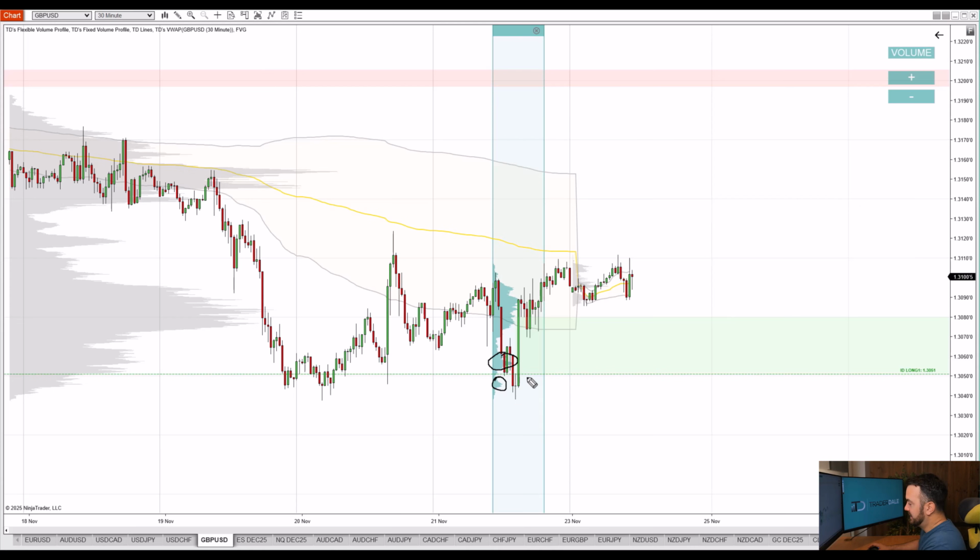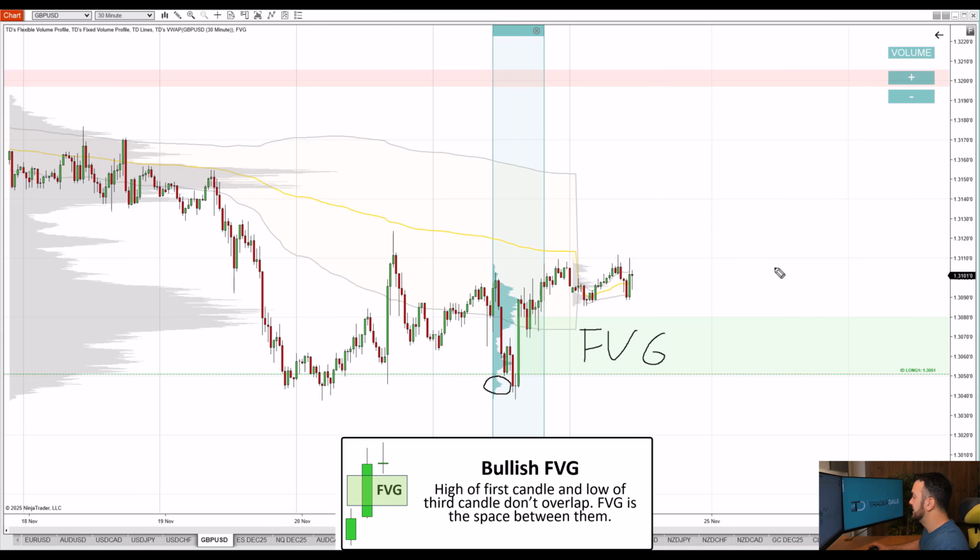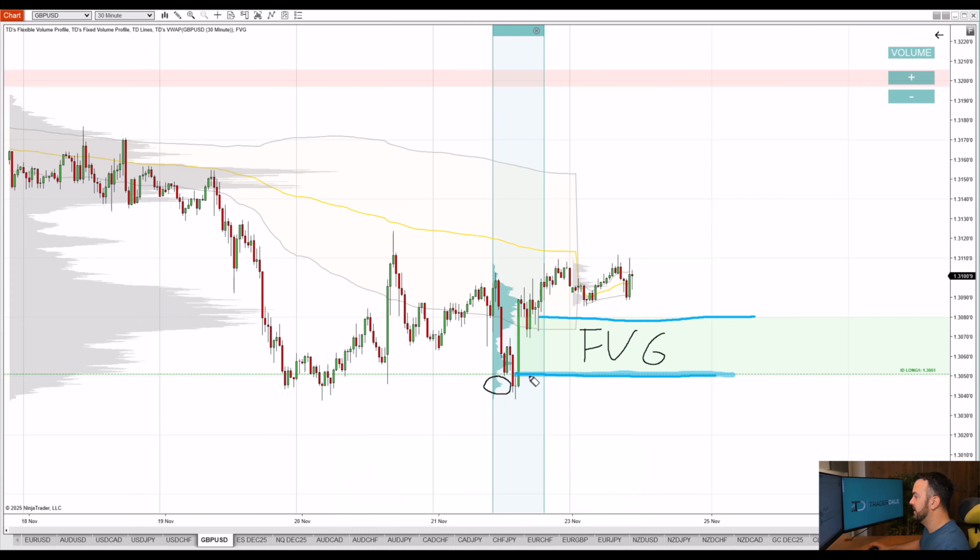Now I'm inclined to trade this volume cluster even though the volumes are not as heavy as in here. And the reason being is that the lower volume cluster, this one, also aligns with a fair value gap. This being the fair value gap, it is a bullish fair value gap right here, and this is the beginning of the bullish fair value gap. And when there's a bullish fair value gap, I like to trade from the beginning of it.